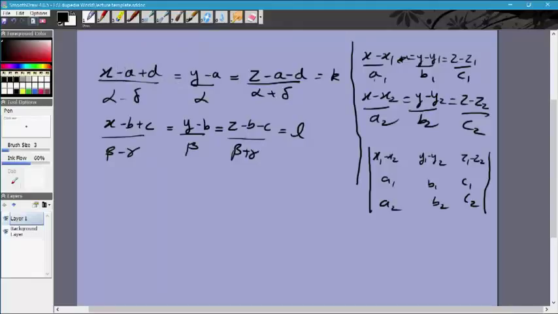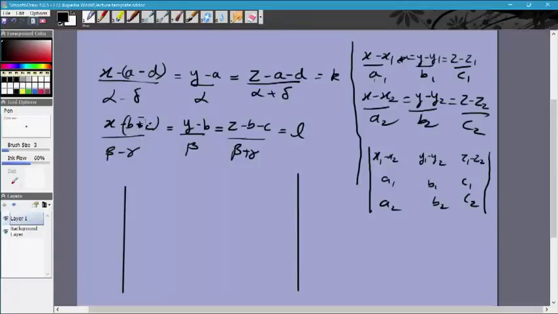So for example, when you have x minus a plus d, that is actually the same as x minus (a minus d). So the first term x1 will not be a plus d, it will be a minus d. That's the sort of thing you need to remember. Now I'll just write the determinant properly. First we'll have x1 minus x2. This is a minus d, this is again b minus c.